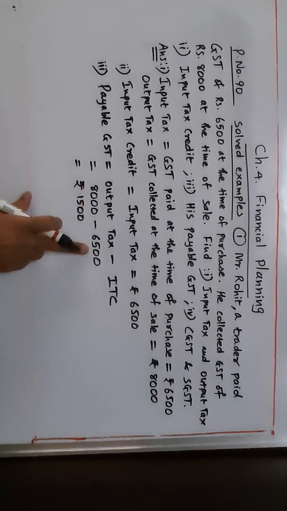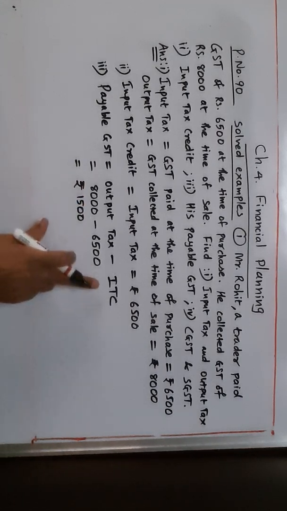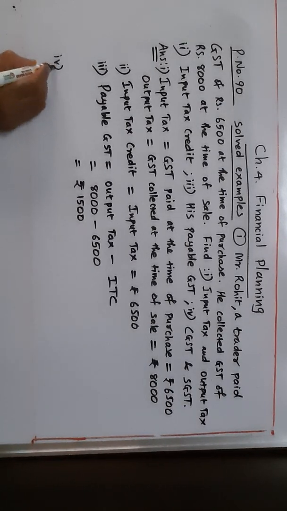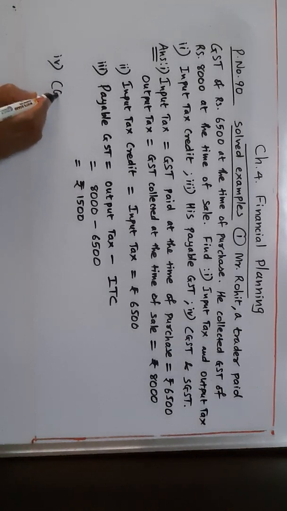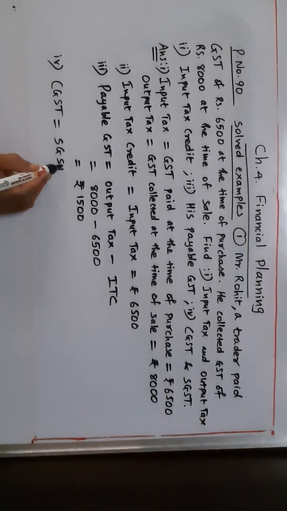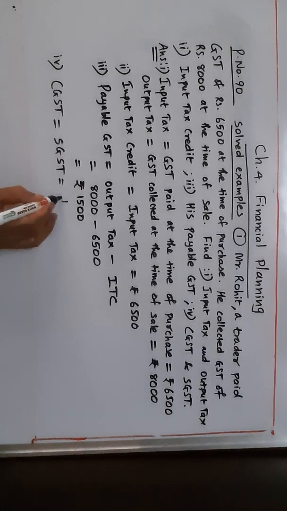From 8,000 rupees, Rohit is subtracting his input tax credit, ITC, 6,500 rupees. So the difference, 1,500, is the GST payable. And SGST and CGST, you know already, right? CGST is equal to SGST, and both are nothing but half of GST.